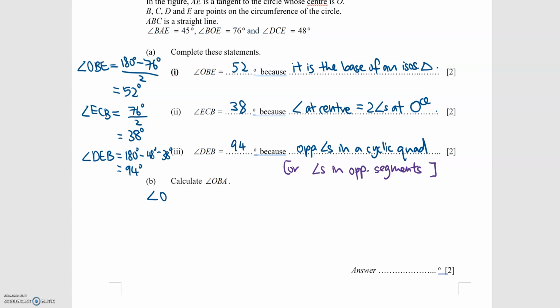So I'll first write down angle OEA is 90 degrees.